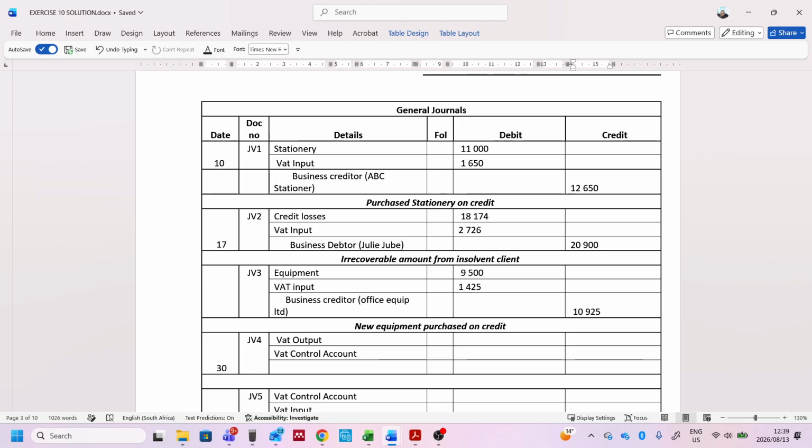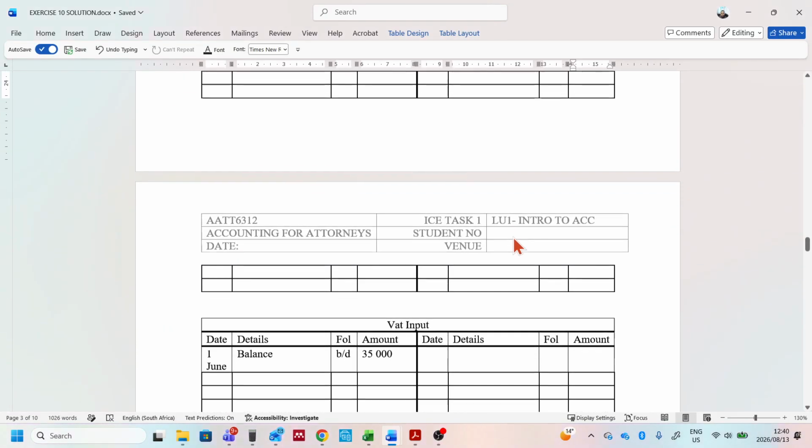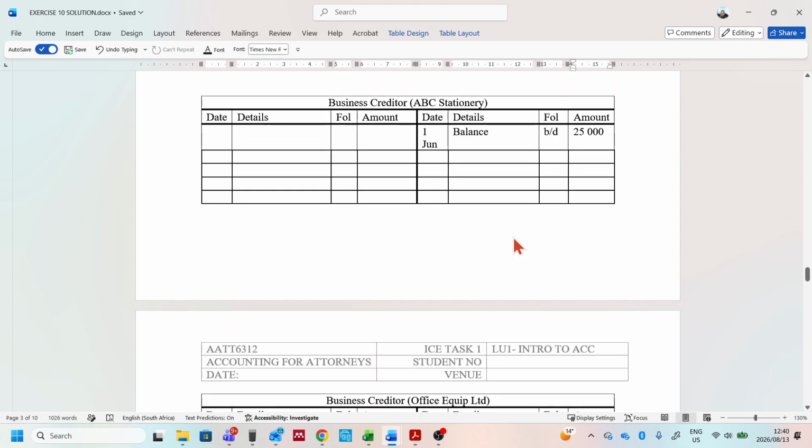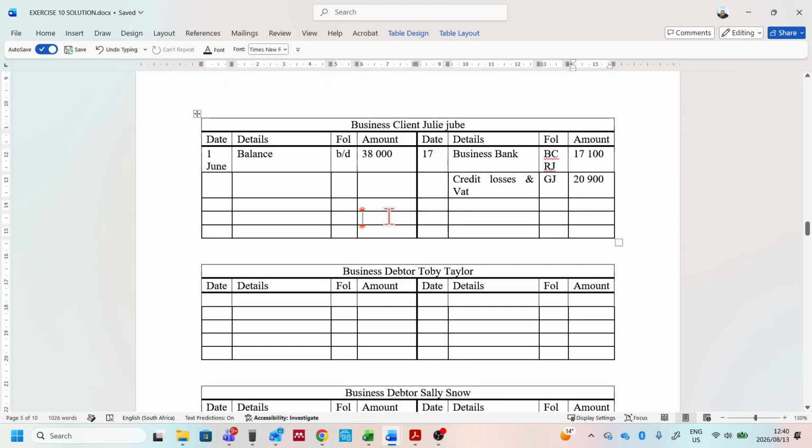When we go to the VAT account, which is debited, we're going to show what? 2,000. When you go to the credit losses account, we're going to only show what? 18,000. So that's what I was explaining. Okay. So this means that now for Julie June, his account is complete.